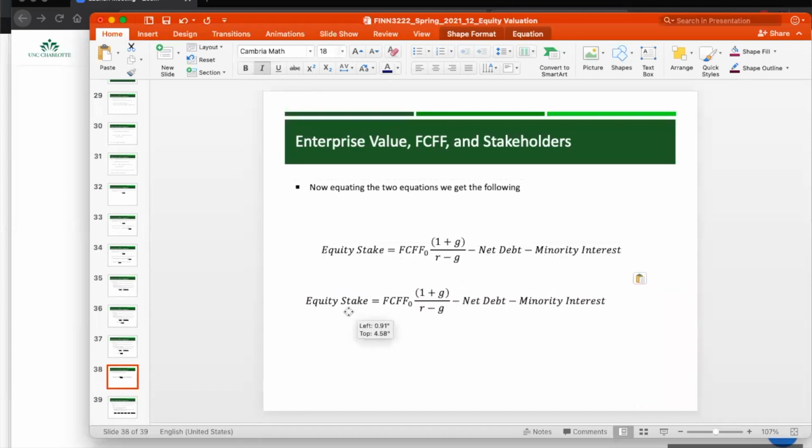If there are preferred shares, you subtract preferred equity as well.